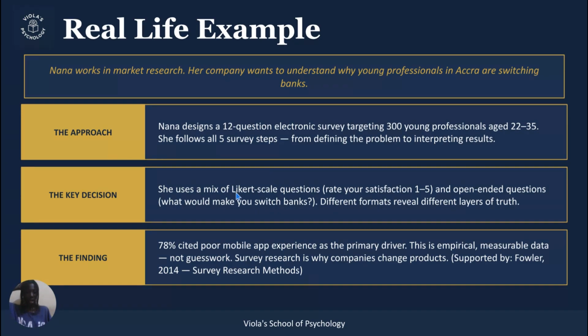So what was the finding of Nana's survey? The finding was that 78% of respondents cited poor mobile app experience as their primary reason for switching banks, and this is very empirical.